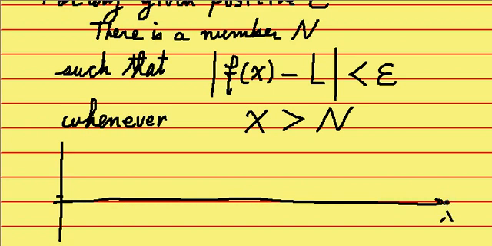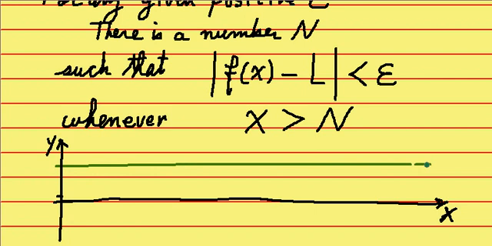Here's the x-axis, my y-axis. Presumably I have an asymptote, that is y equals L. That's the asymptote, and I have a function that comes close to it.